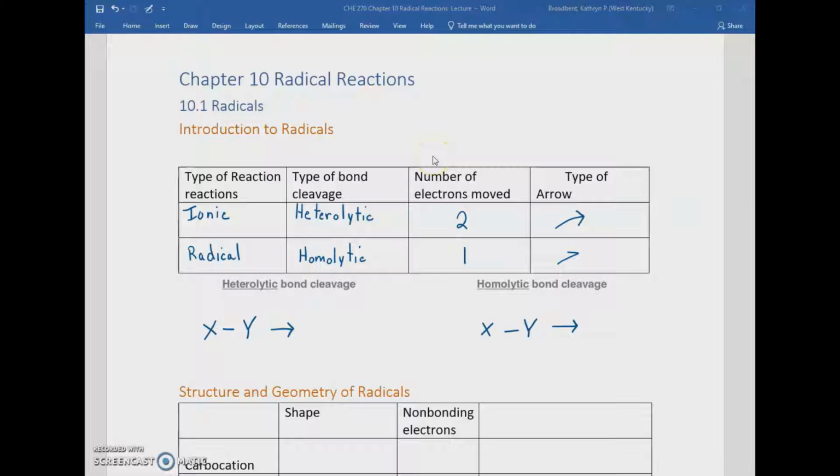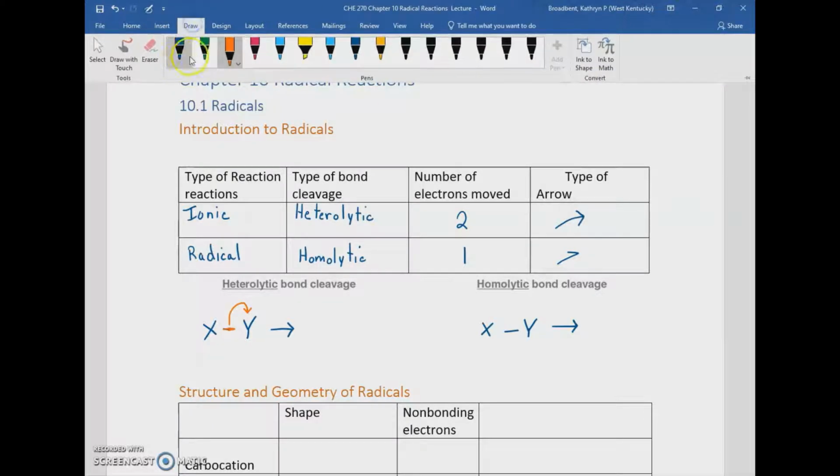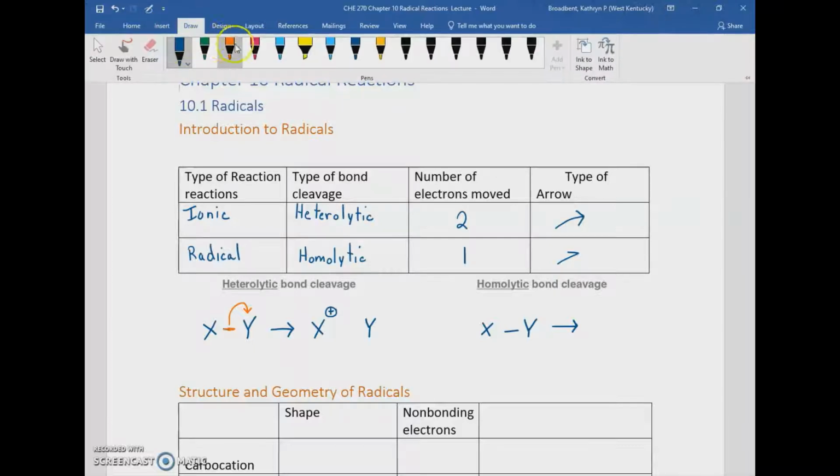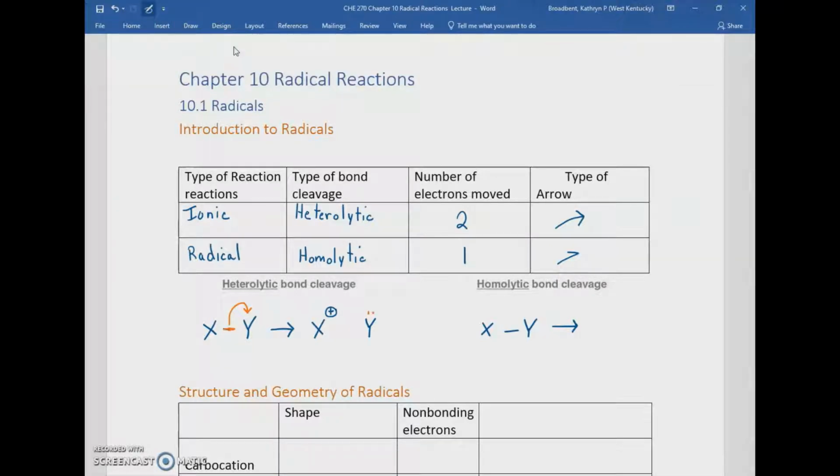In a heterolytic bond cleavage, this is the ionic, what we would have is these two electrons here would both be transferred to the Y, and we would make an X that has a positive charge because it's minus 2 electrons, and a Y that has an extra set of electrons on it and would be negative.